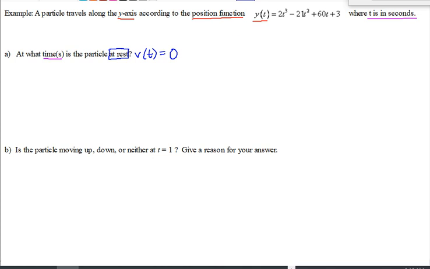So for velocity, v of t, we can write it either as v of t or y prime of t if you prefer. We would just take the first derivative, so that would give you 6t squared minus 42t plus 60. The derivative of 3 is 0, it's constant. And then just set that equal to 0.